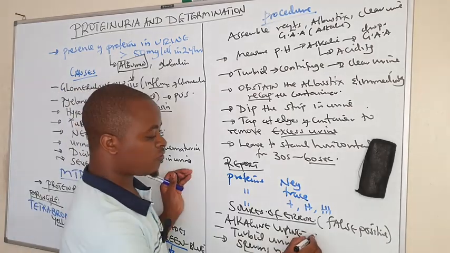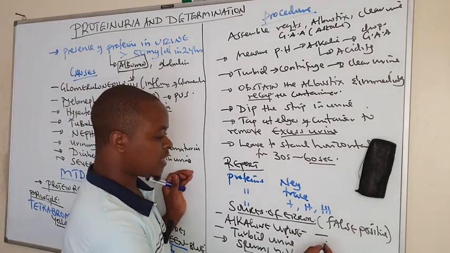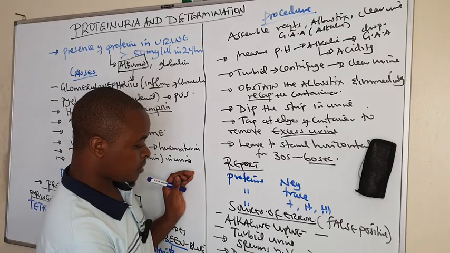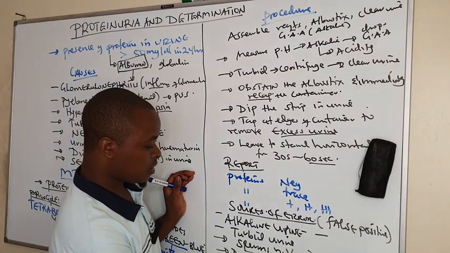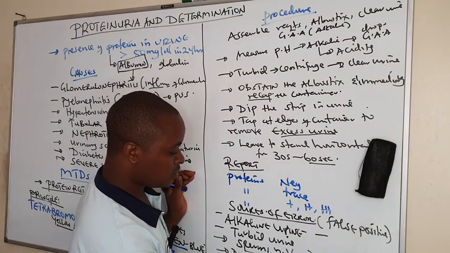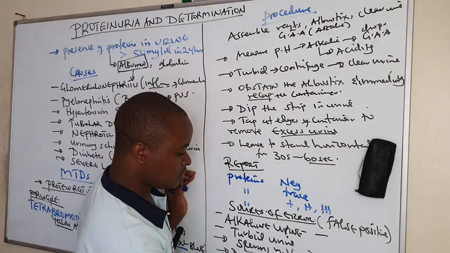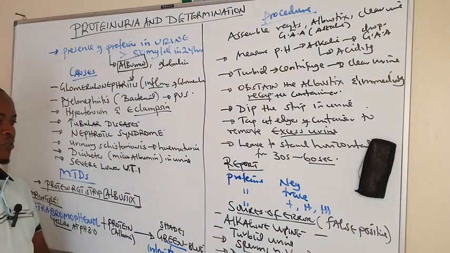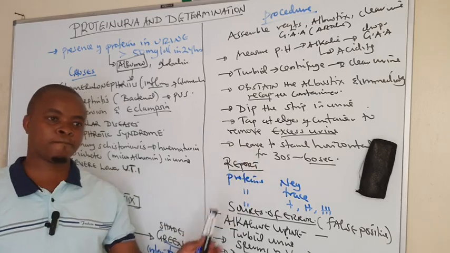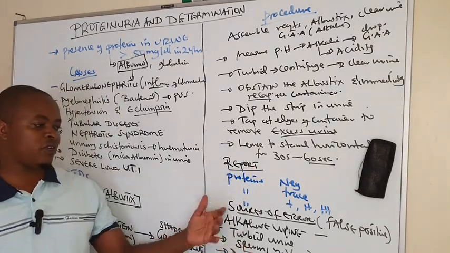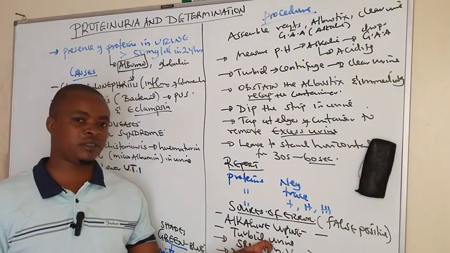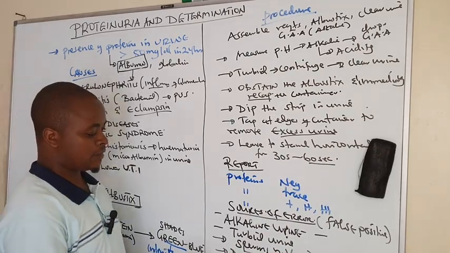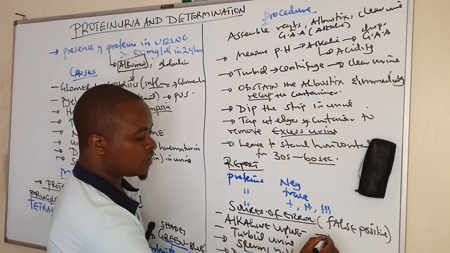And even the presence of detergents like Jik and chlorhexidine can cause false positive results with the reagent strip. So you have to always make sure that the urine you are testing is not alkaline, it is not turbid, and it doesn't contain sperms.